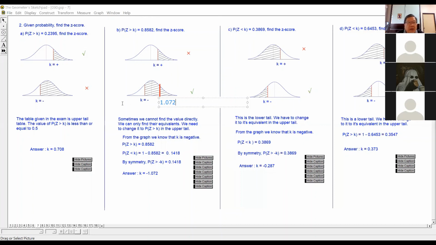So over here it is negative 1.072. Is this okay? We found 1.072, but the actual number is negative 1.072, right? Because the actual number is on the left. What we found is the number on the right. Any questions so far?